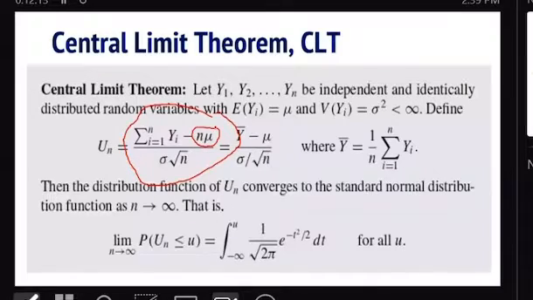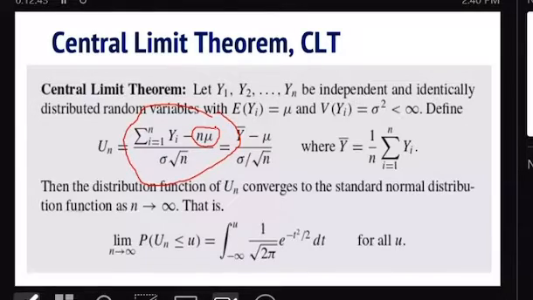Now, what about the variance? The variance of y1 plus y2 up to yn: because y1 up to yn are independent, there's not going to be covariance. The covariance will be 0. And now what we're going to have is the summation of variances, right? Variance of y1 plus variance of y2 plus variance of y3 until variance of yn.